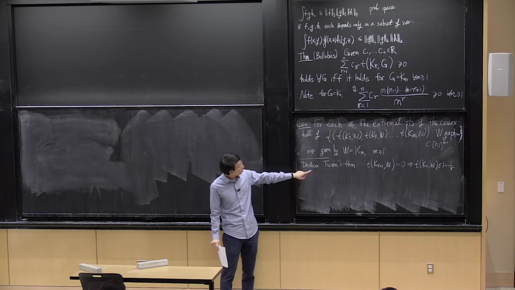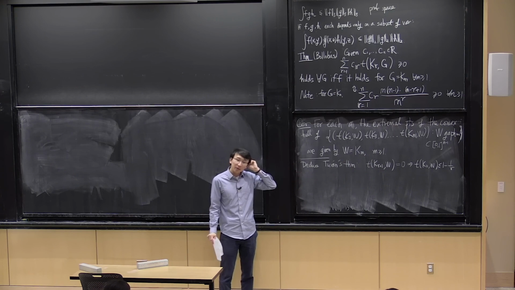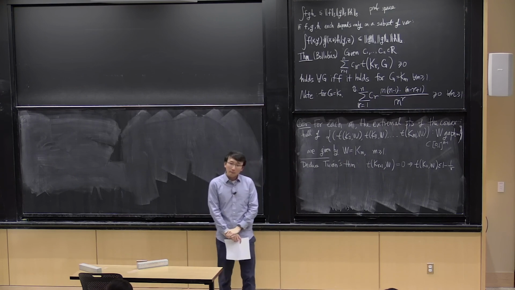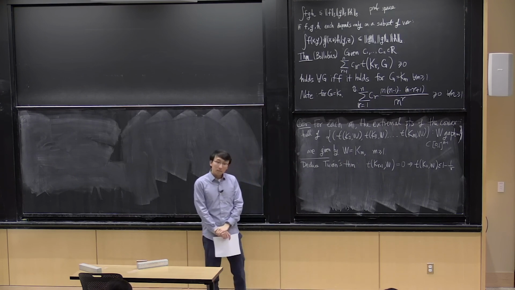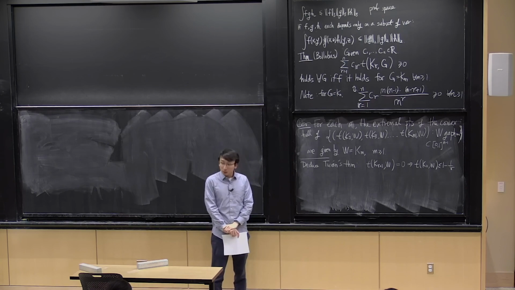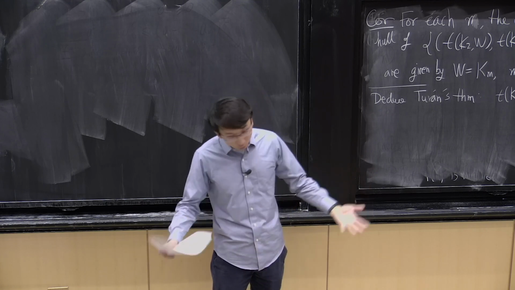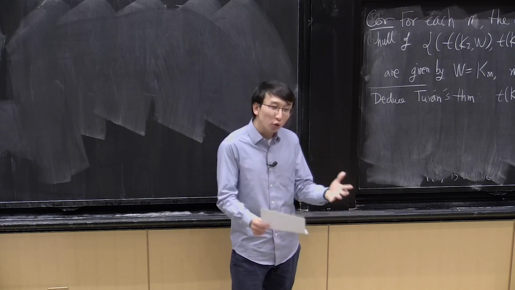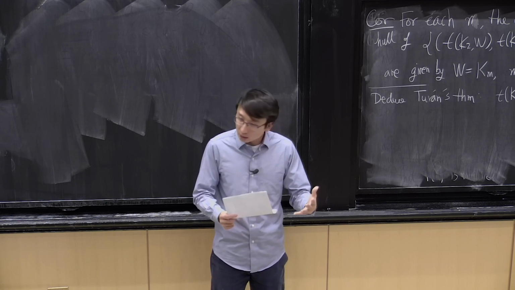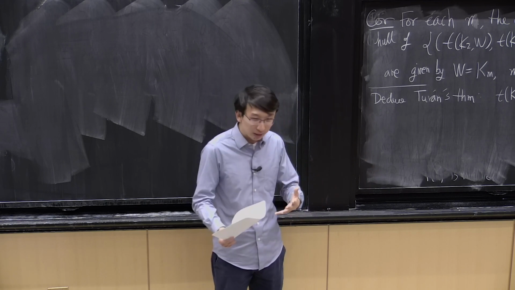Okay, so why does Turán's theorem follow from the above claims? It should follow, because all the data here has to do with clique densities. And everything we have so far says that if you just want to understand linear inequalities between clique densities, it's super easy.